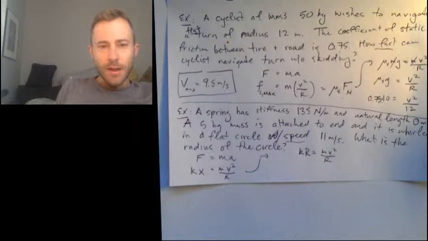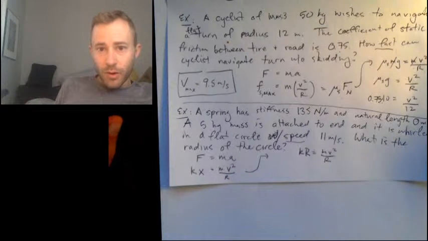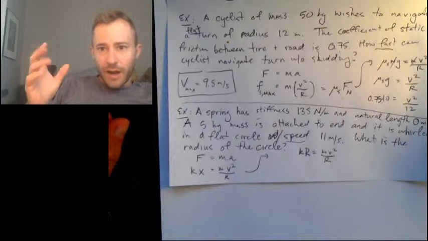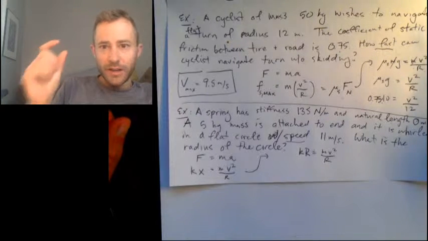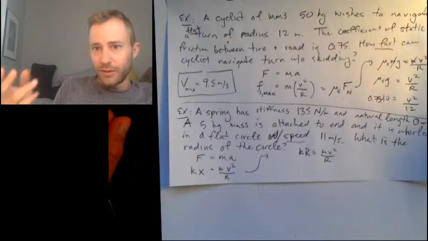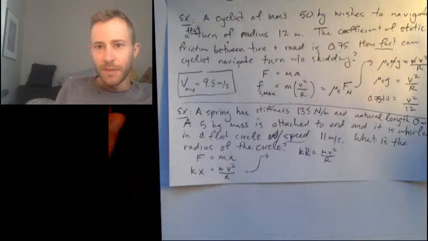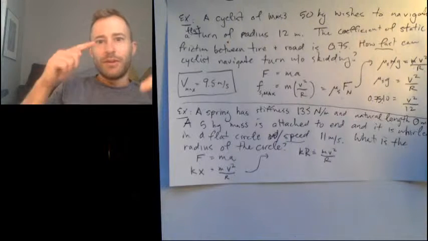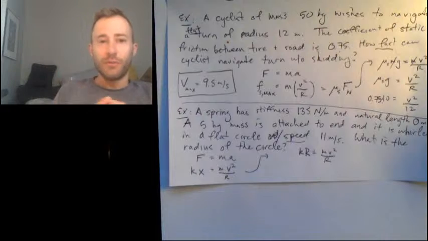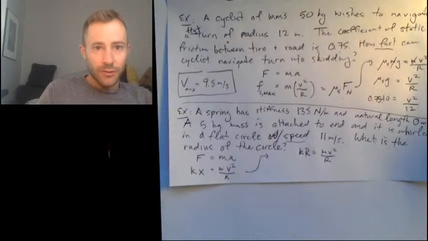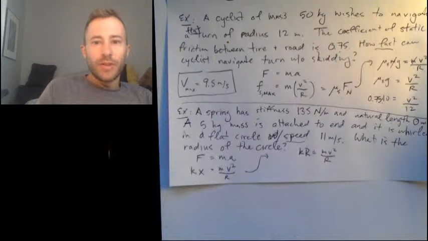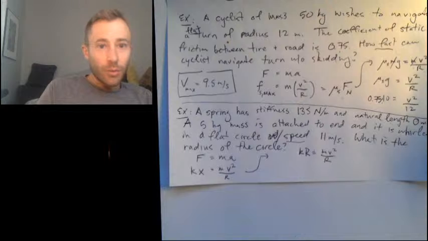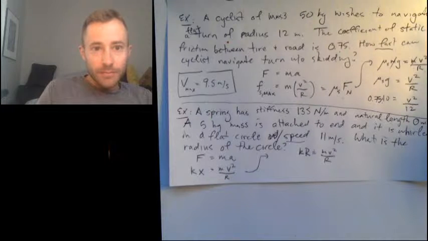All right? But in the homework, I think I have a problem where the spring has a natural length that is not 0. So for example, what if you have something going in a circle of radius 1.5 meters, but the natural length of the spring was 1 meter?